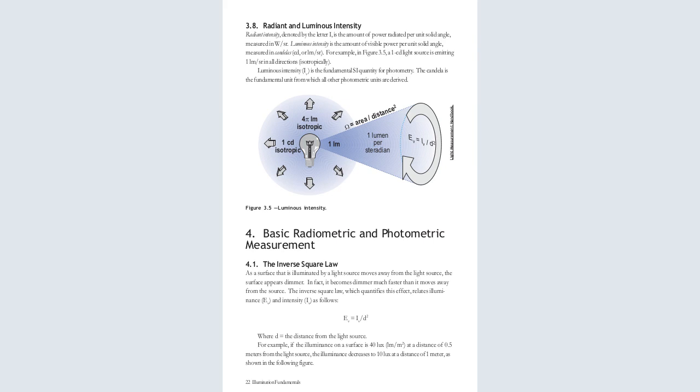In fact, it becomes dimmer much faster than it moves away from the source. The inverse square law, which identifies this effect, relates illuminance, that is E, and intensity, that is I. We said that the illuminance equals the intensity over the square of the distance.